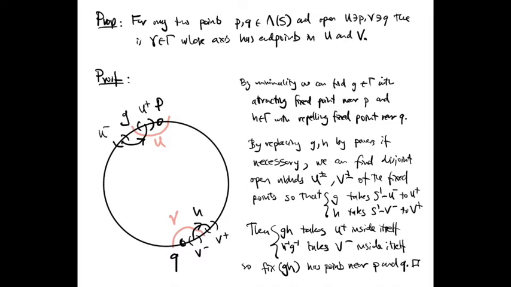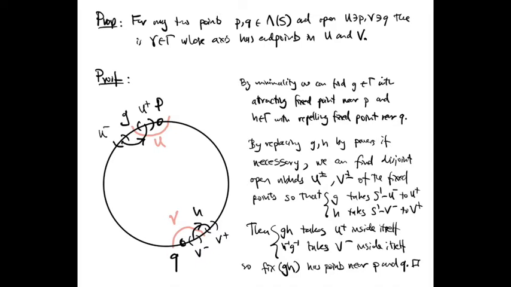The property we want is that G takes the complement in the circle of U minus to U plus, and H takes the complement in the circle of V minus to V plus. A pair of elements and neighborhoods with this property are said to satisfy the ping-pong condition.